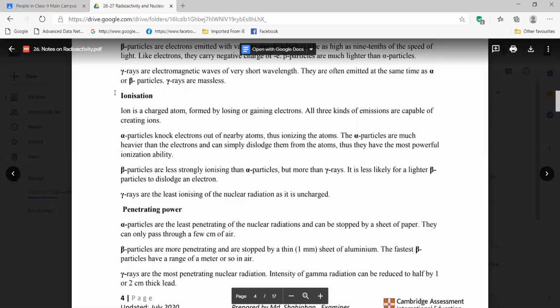Ionization is related to the charge available in the particles or the gamma rays, negative or positive. So alpha particles have the most charge, and they are the heaviest, so they can simply dislodge electrons from the atoms.